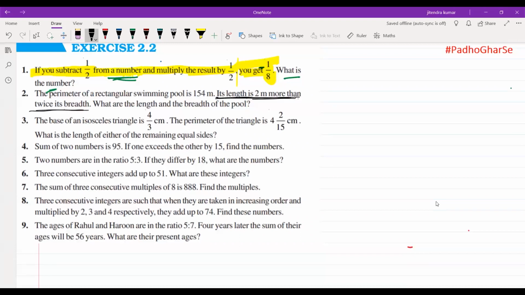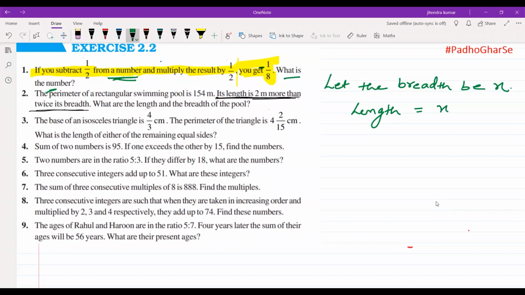So if we consider breadth as x, then its length will be twice of this, 2 meter more than x. Let the breadth be x. So now its length will be equal to 2x plus 2. How much will be the length?